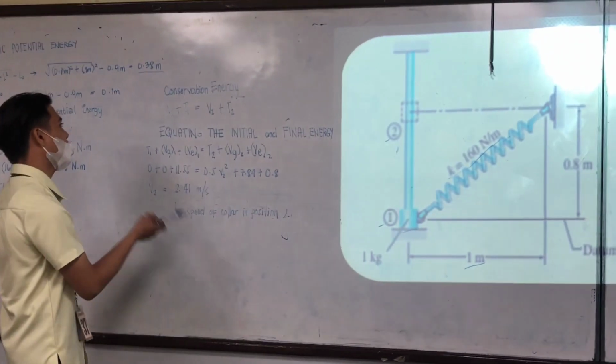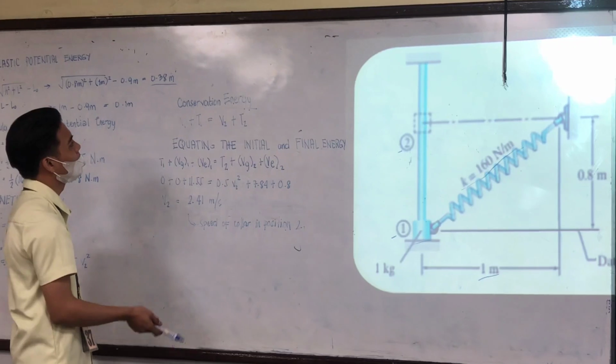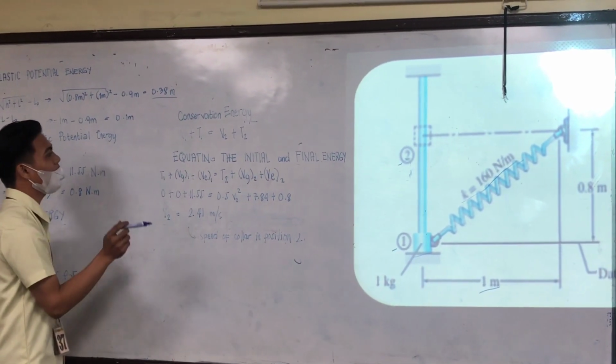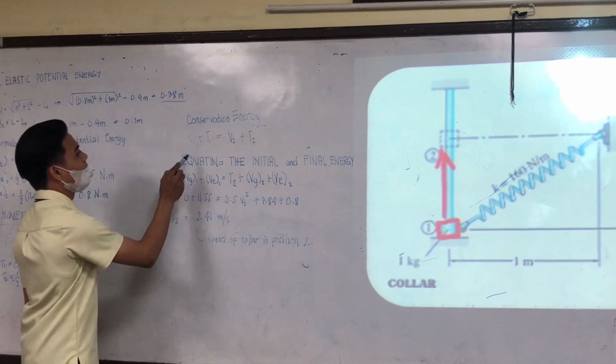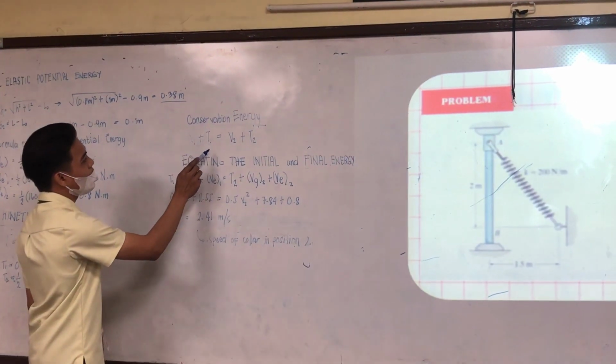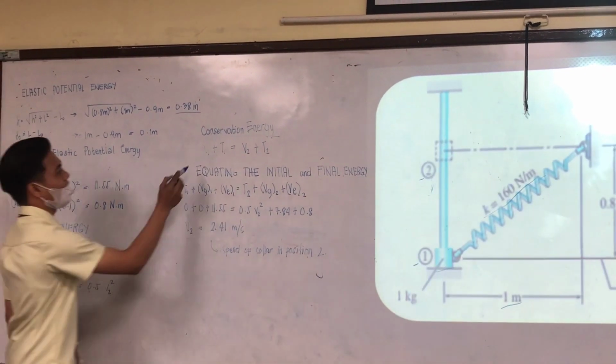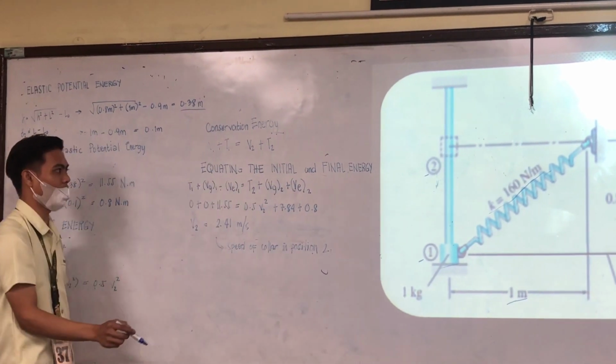And now for our last solution, we have the conservation of energy. The formula for conservation of energy is V1 plus T1 is equal to V2 plus T2. This is the general formula for conservation of energy.